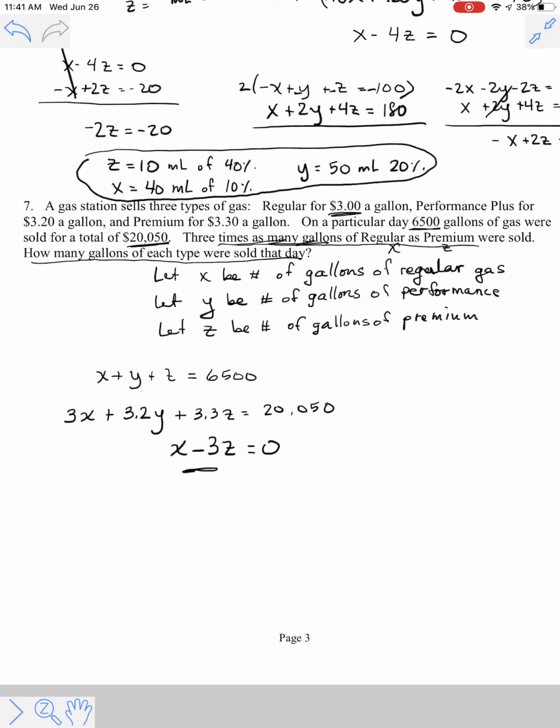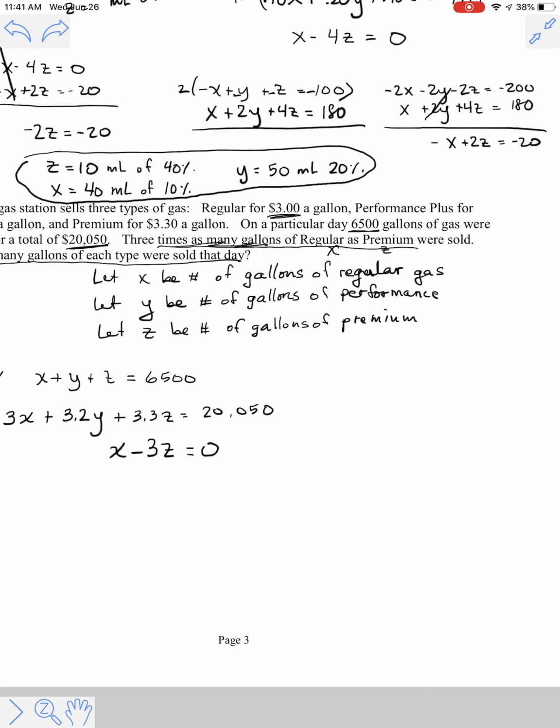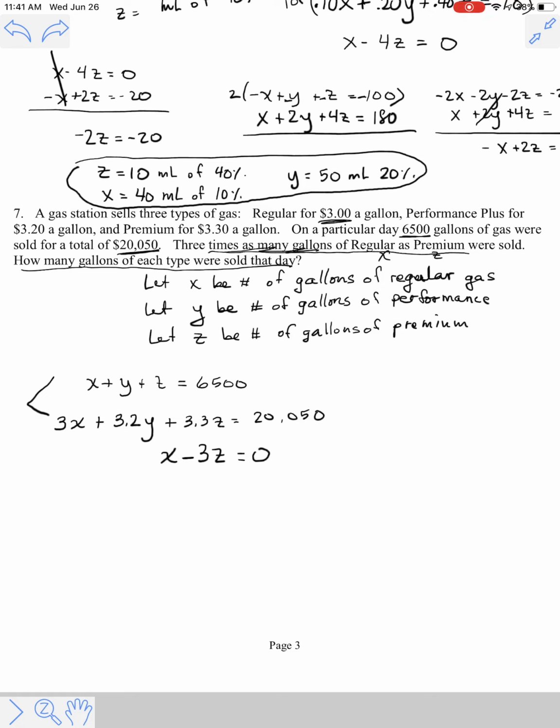Now, again, the y variable is missing from this equation, so I'm going to combine the top 2 equations and eliminate the y variable so I can add it to that one. If I want to eliminate the y variable, well, I've got a choice here. I can either get rid of the decimals or keep them. I'm going to go ahead and keep them in this one.